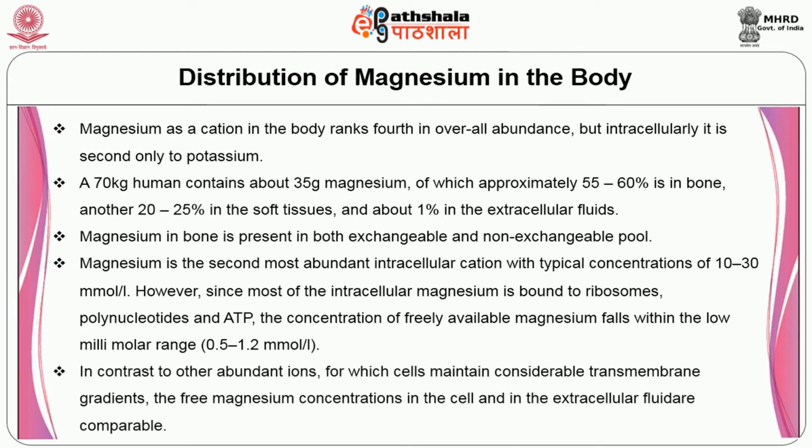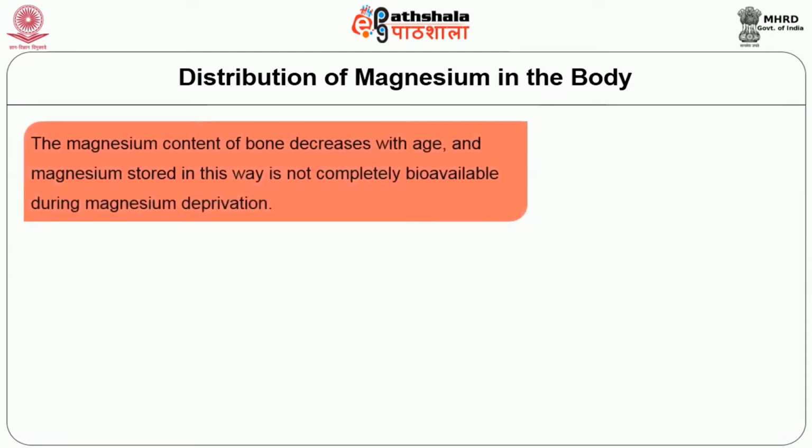In contrast to other abundant ions for which cells maintain considerable transmembrane gradients, the free magnesium concentrations in the cells and in the extracellular fluid are comparable. Magnesium content of bone decreases with age, and magnesium stored in this way is not completely bioavailable during magnesium deprivation.